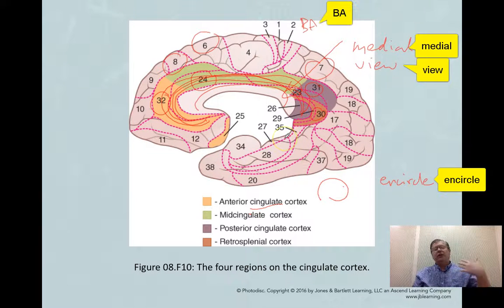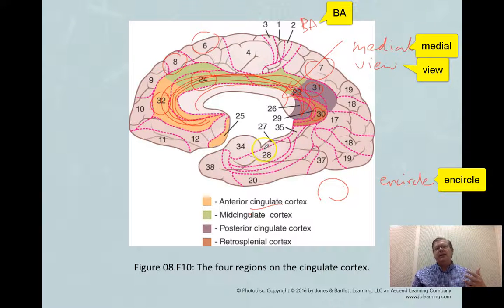Now, again, we've got another layer here of neuroanatomy that is important to try to understand. I'm giving the cingulate cortex here as an example, but this is true in many other parts of the brain. You don't need to know all of those, as this course is not designed to teach you to become neuroanatomists.